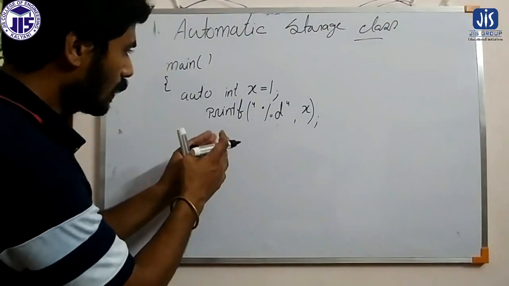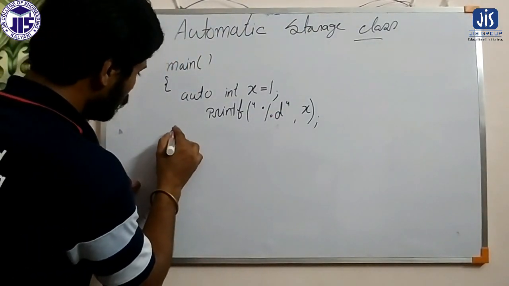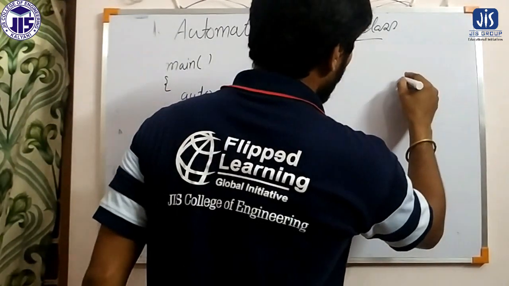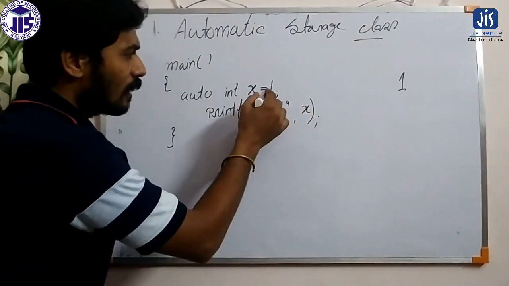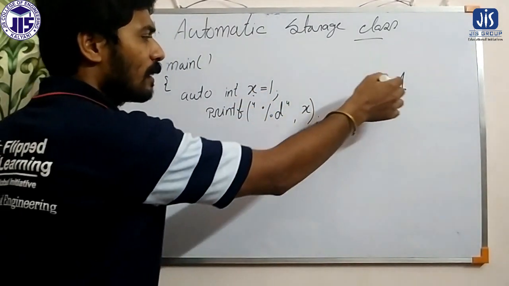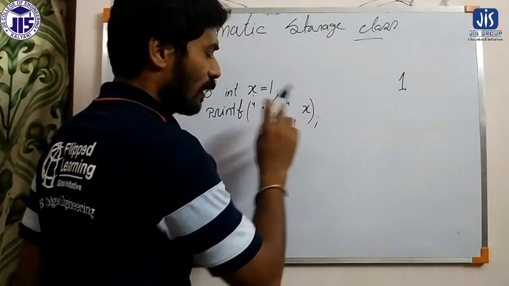Now, if we execute this program, in the output screen we will get 1 as the output. We have assigned 1 to the x variable, and after that if I print the value, I will get 1 as the output, which is the value of x.